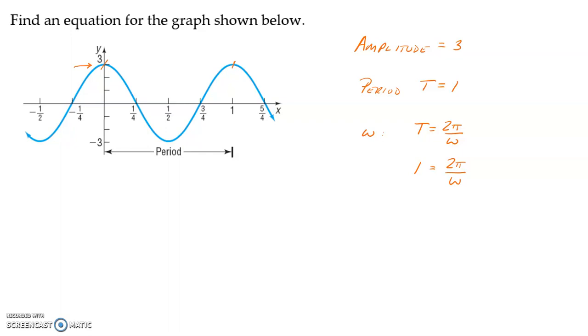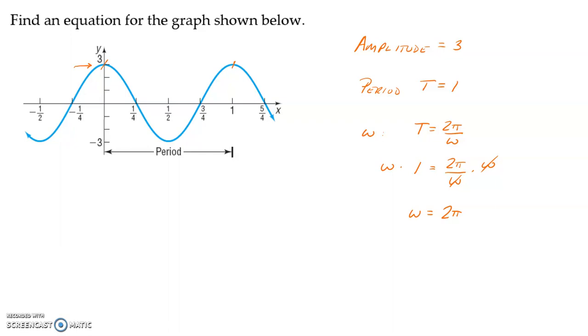I can multiply both sides here by omega. We'll cancel on that right hand side, and 1 times omega is just going to give me omega. So my value here is going to be 2 pi for my omega piece.